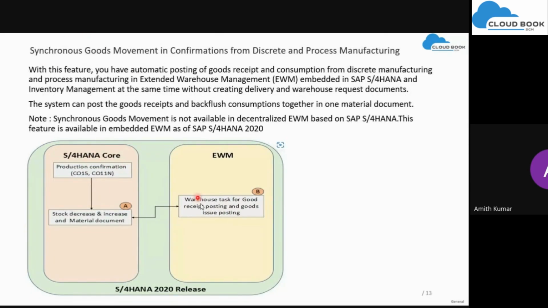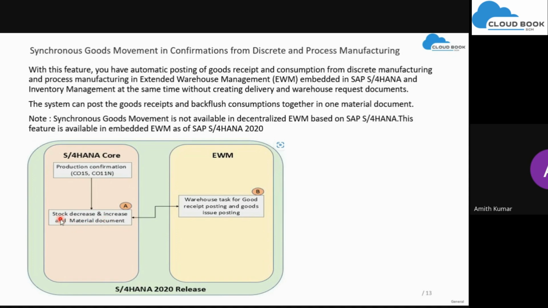There are no delivery documents getting created at all, right? So let's first try to understand this process. Here you can see that the production order is getting created and confirmed in S4, right? Then after I confirm my production order, you see straight away stock is getting decreased and increased in the same material document.